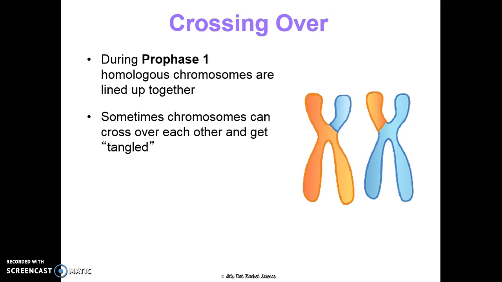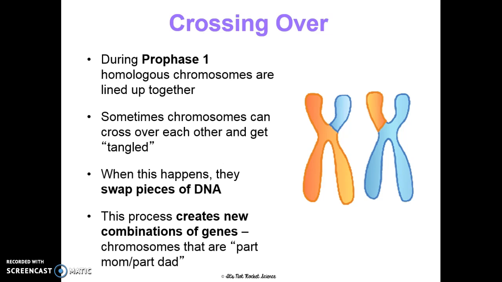So in crossing over, they can kind of give each other appendages or give each other chunks of DNA, and kind of mix things up a little bit. And so this is a permanent swap. Once the swap happens, the DNA goes from one to the other. That stays that way.